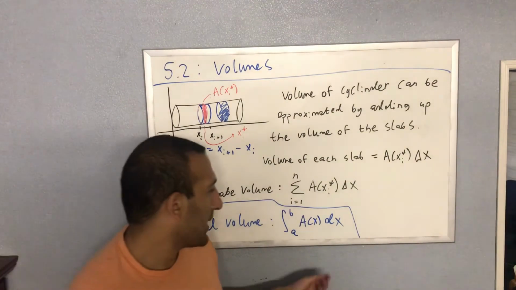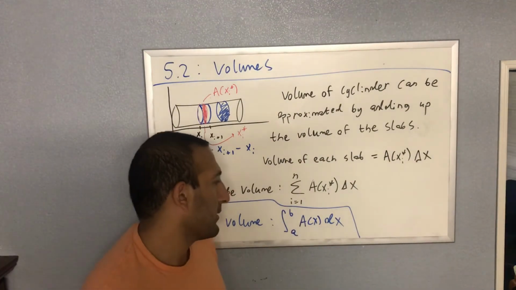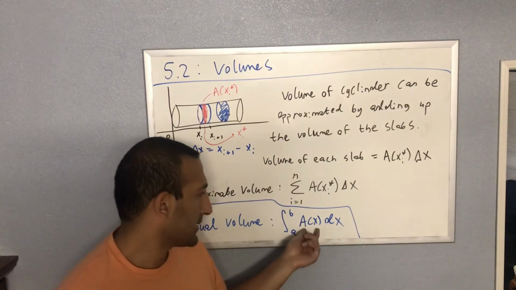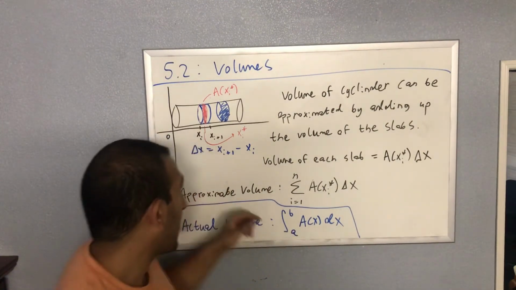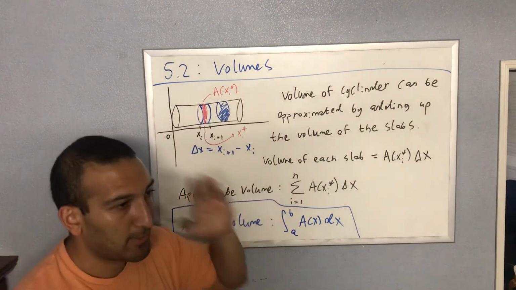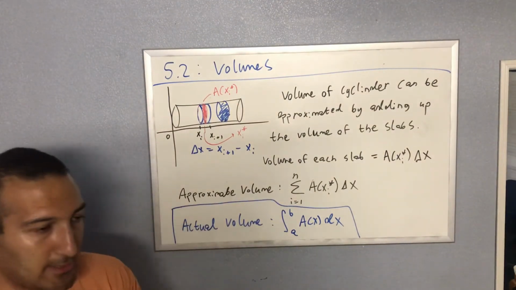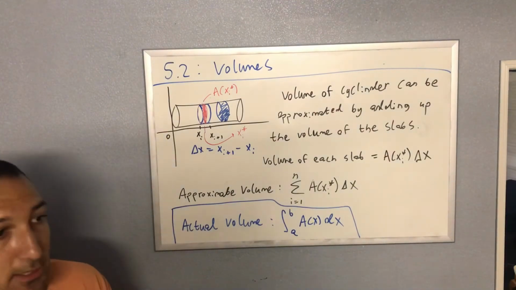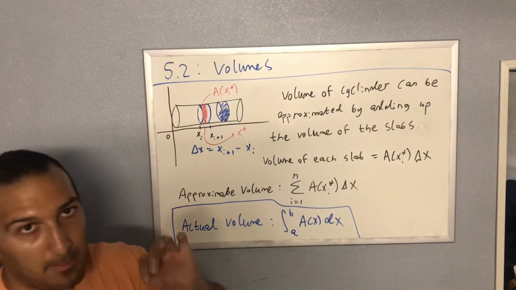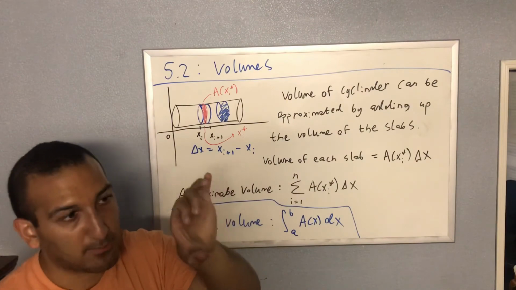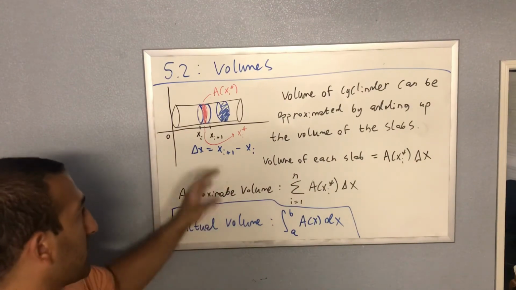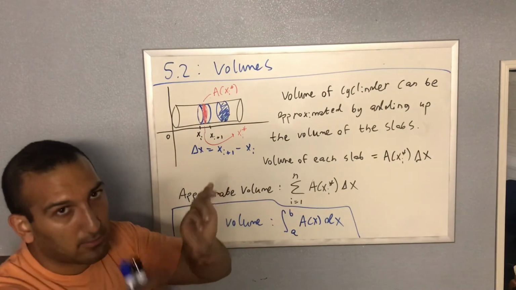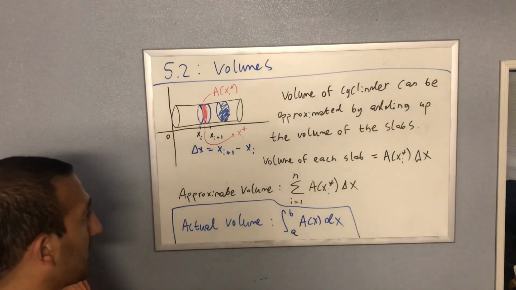So if you have a formula for the area, which we'll see how it can change in a second, in our case, the area of each cross section is the same. Every single slab or cut is basically a small cylinder, and so each of those has the same area. You can think of it being a circle. But we'll see a different thing.